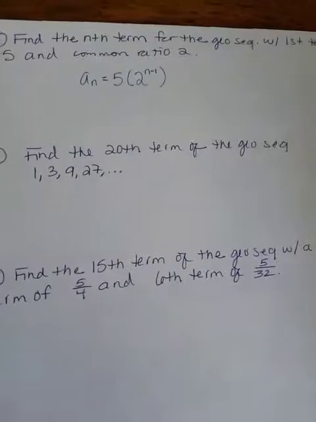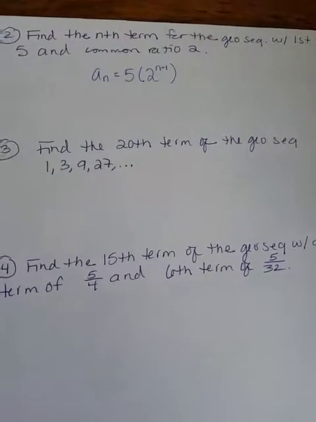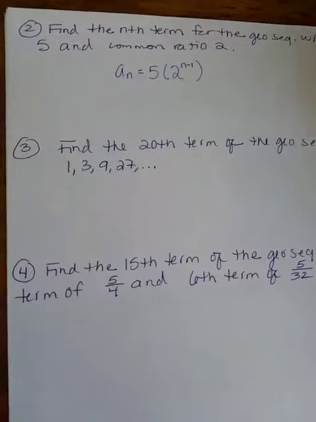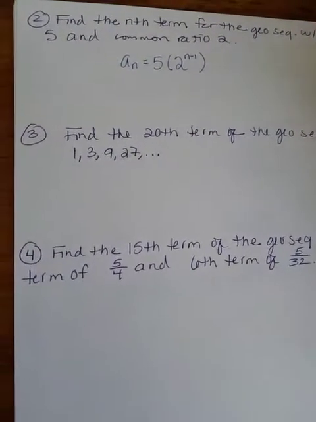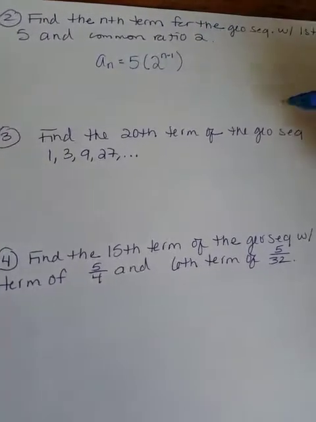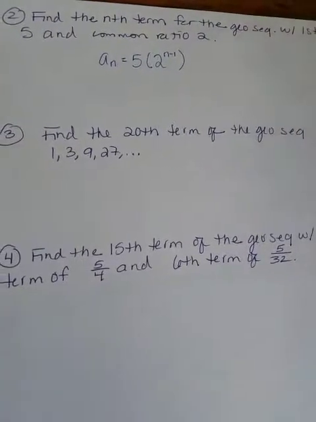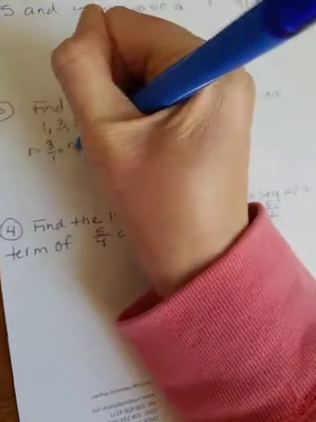Number 3, find the 20th term of the geometric sequence 1, 3, 9, 27, etc. Again, we wouldn't be looking for you to actually do it out to the 20th. We'd be looking for you to show the use of the equations for this. So you'd stop and say, all right, I already know it's a geometric sequence, so I should find my R. So 3 divided by 1 is 3.